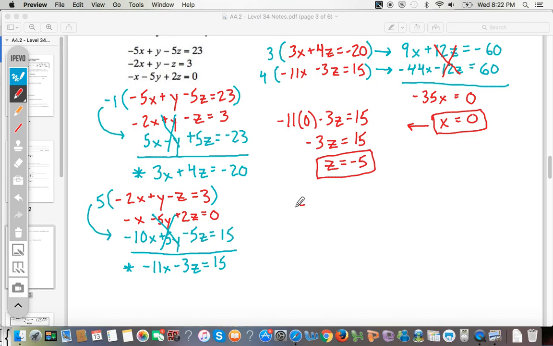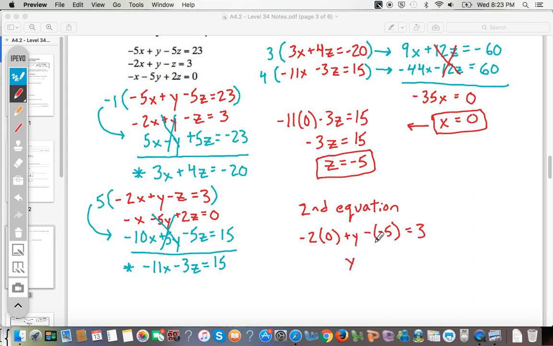So I have negative 2, instead of x I'm putting 0, plus y, minus negative 5 equals 3. So negative 2 times 0 is 0.